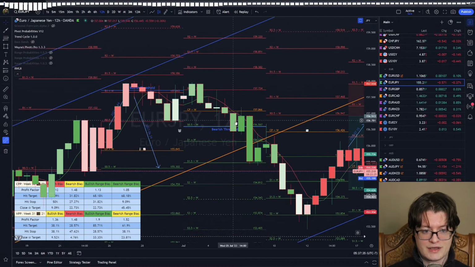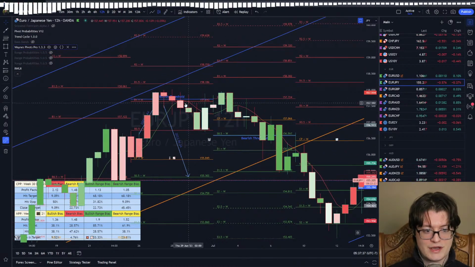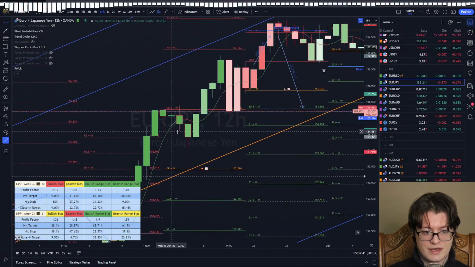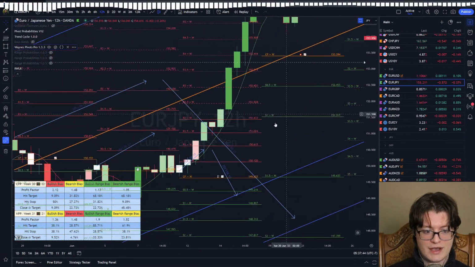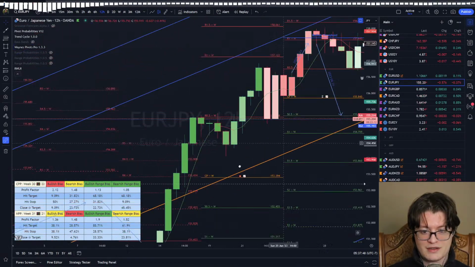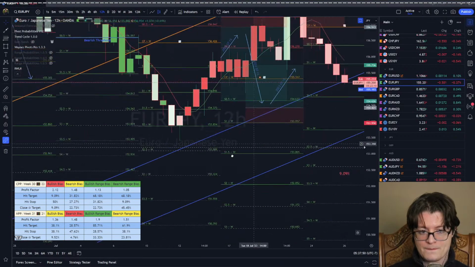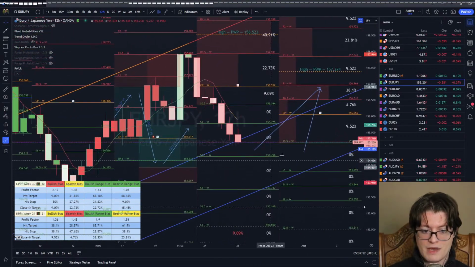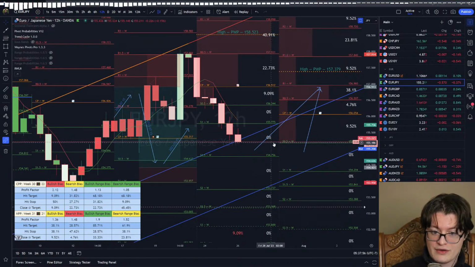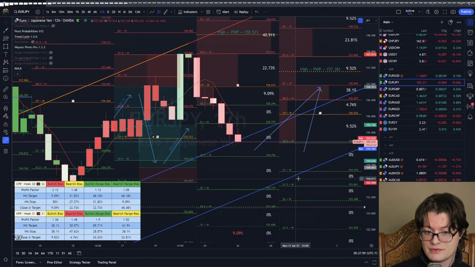Here's another 2-day consolidation. Here's another consolidation. So yen has this characteristic of consolidation, rip, consolidation, rip. So maybe you get another consolidation roughly around here, and then you rip.